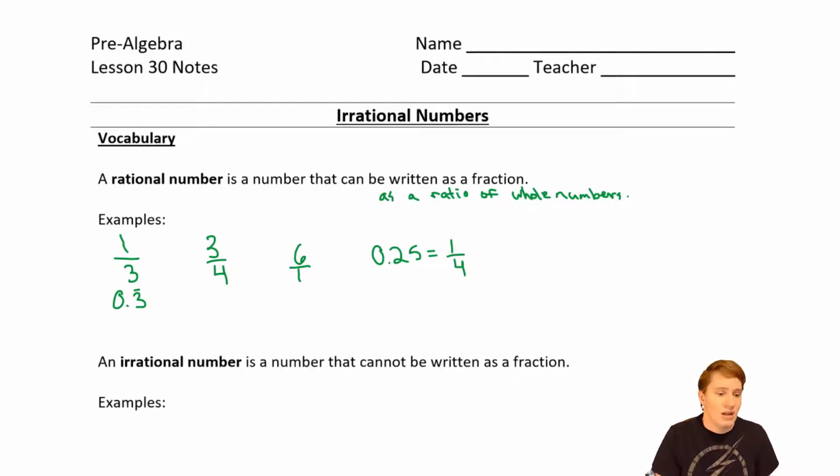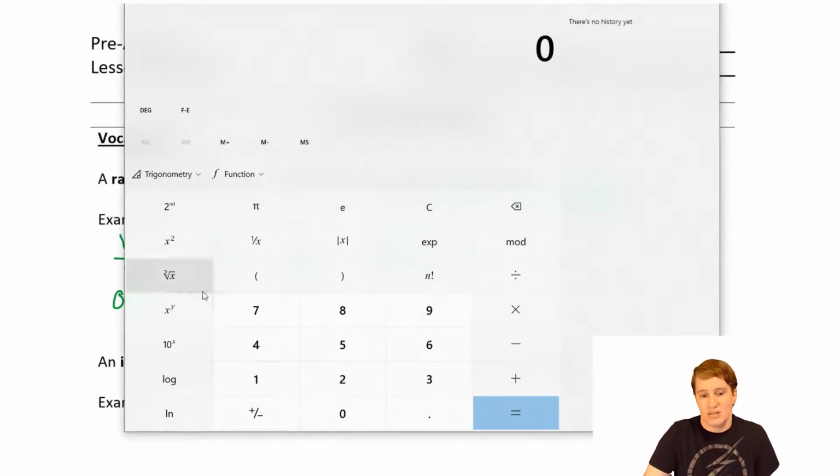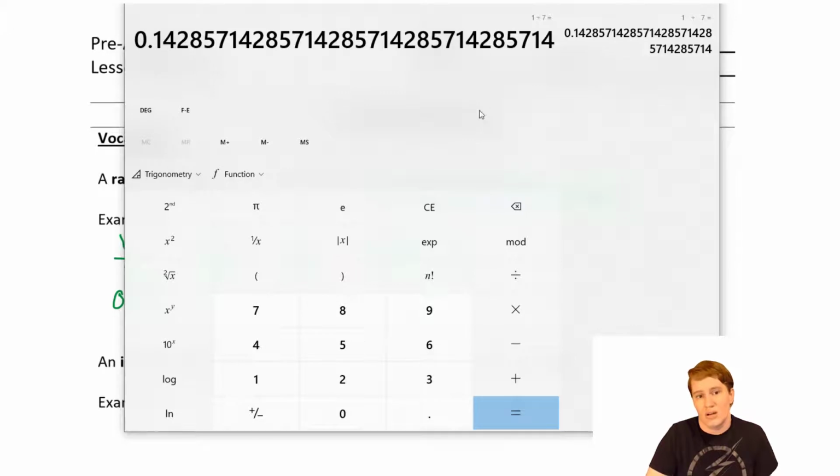which means it's a rational number. Now, we could end up with some decimals that are kind of weird because of, like, dividing by 7 is what comes to mind for me here. So, like, I don't know if 1 divided by 7 will do it. Yeah, so look at this really terrible looking decimal. But we've got 1, 4, 2, 8, 5, 7, and then it repeats. 1, 4, 2, 8, 5, 7.